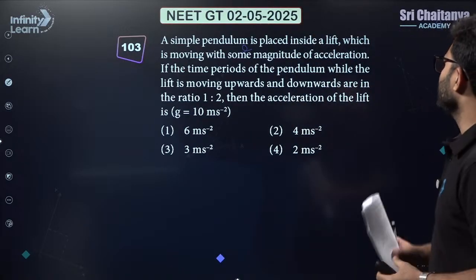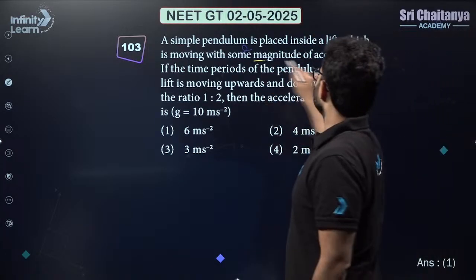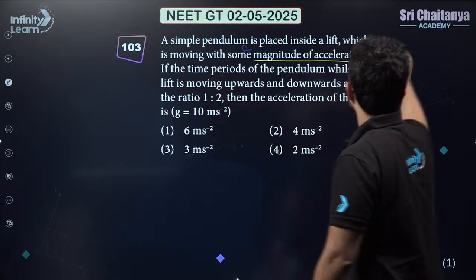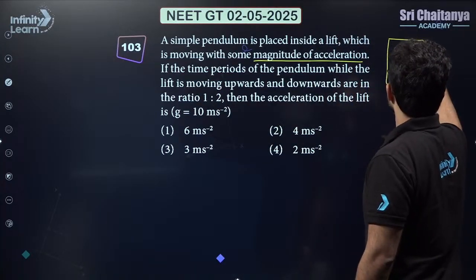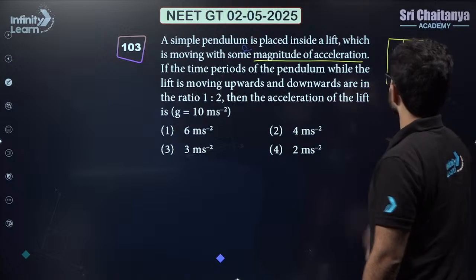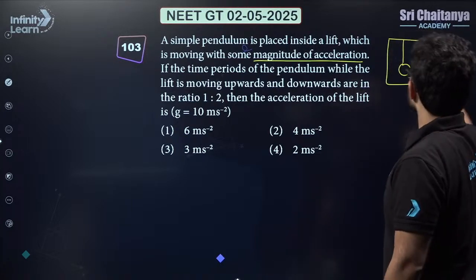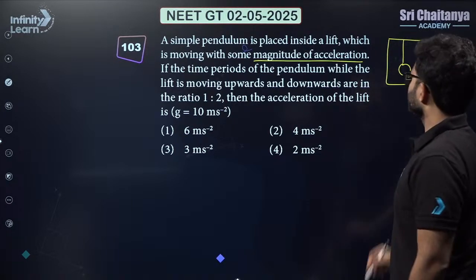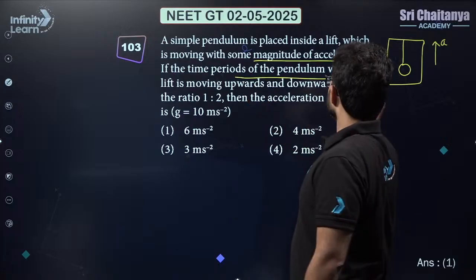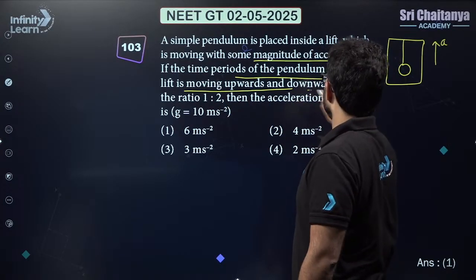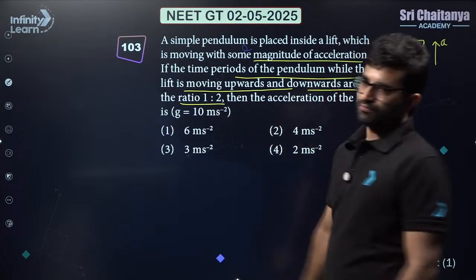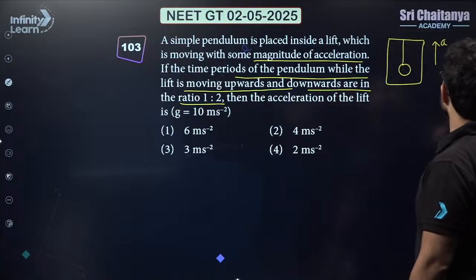A simple pendulum is placed inside a lift which is moving with some magnitude of acceleration, right? So again, we have a lift like this, and let's say we have a pendulum like this, correct? So it is moving with some acceleration. Let's say that a is the acceleration, right? The time period of the pendulum with the lift moving upwards and downwards are in ratio 1:2, right? So again, let's say it is moving upwards.